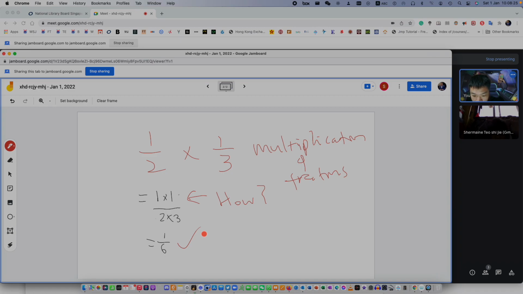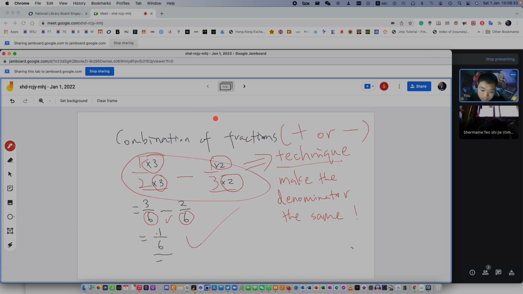Can you see the difference between multiplication of fractions and addition or subtraction of fractions? You don't mix these two up, or you are going to end up with the wrong answer going forward.